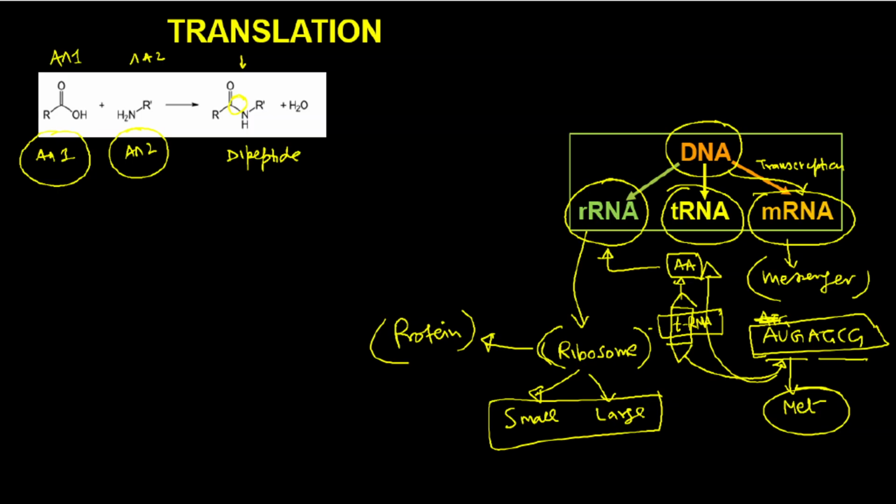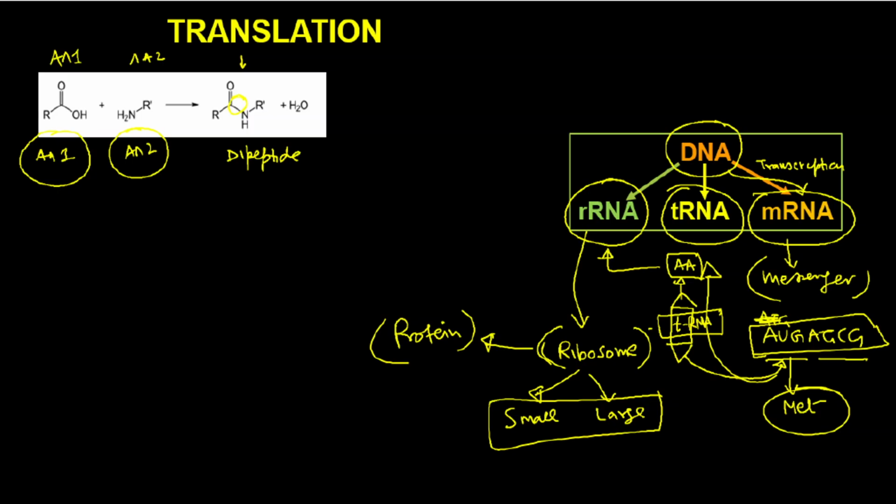Translation is actually the formation of protein using mRNA as template, and the formation will happen because of the presence of ribosomes and tRNAs. So here all the three types of RNAs are involved: the rRNA, tRNA, and mRNA. rRNA is the RNA present in the ribosomes.